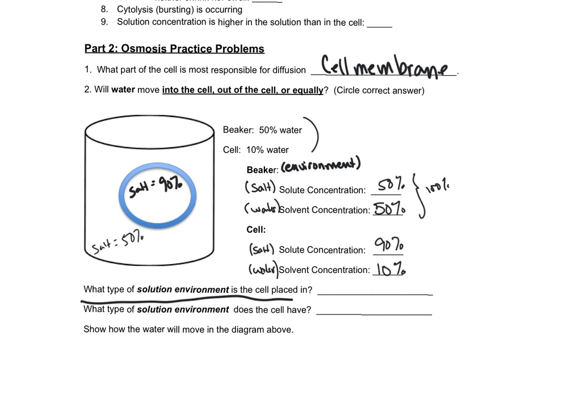So automatically, what type of solution environment is the cell placed in? It's in a situation where it has lower amounts of solute than in the cell. So if it's lower, it means it's hypotonic. Lower is hypotonic. So outside of the cell is hypotonic.